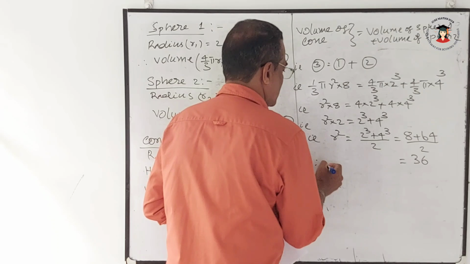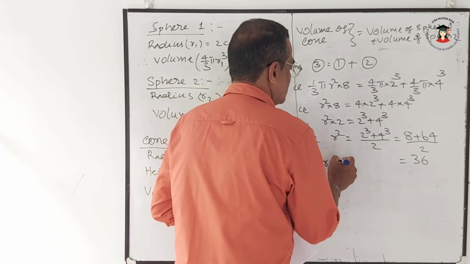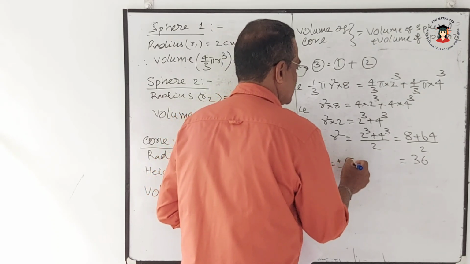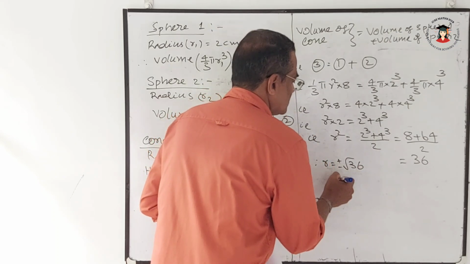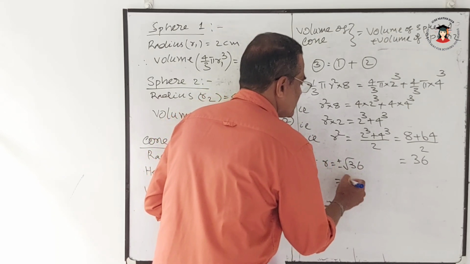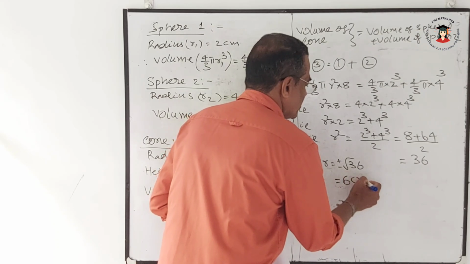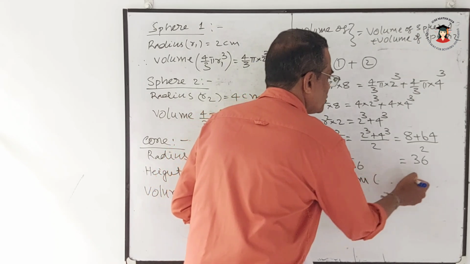Therefore, r is equal to plus or minus root of 36. Take the positive value, r equal to 6 centimeter.